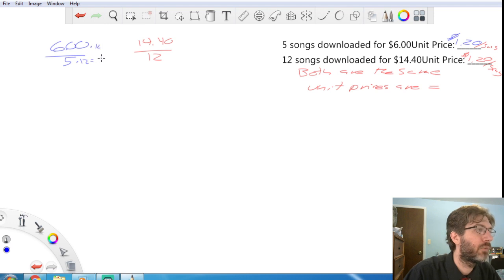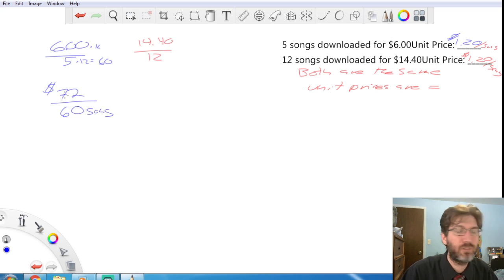So I get a denominator here of 60, and over here I get that value, whatever it was. 6 times 12 gives you 72 over 60 is what you're actually getting here. So it costs $72 for 60 songs. So that's where that 72 is coming from, is that 6 times the 12 here.